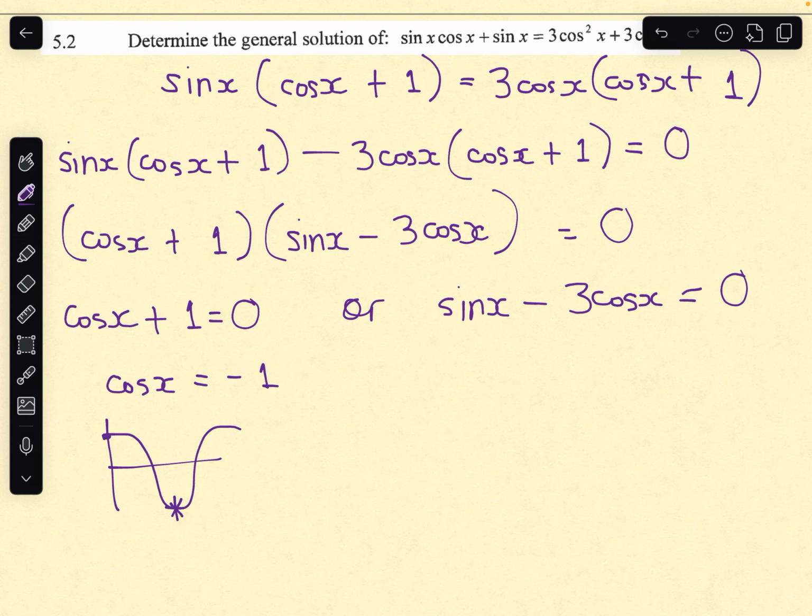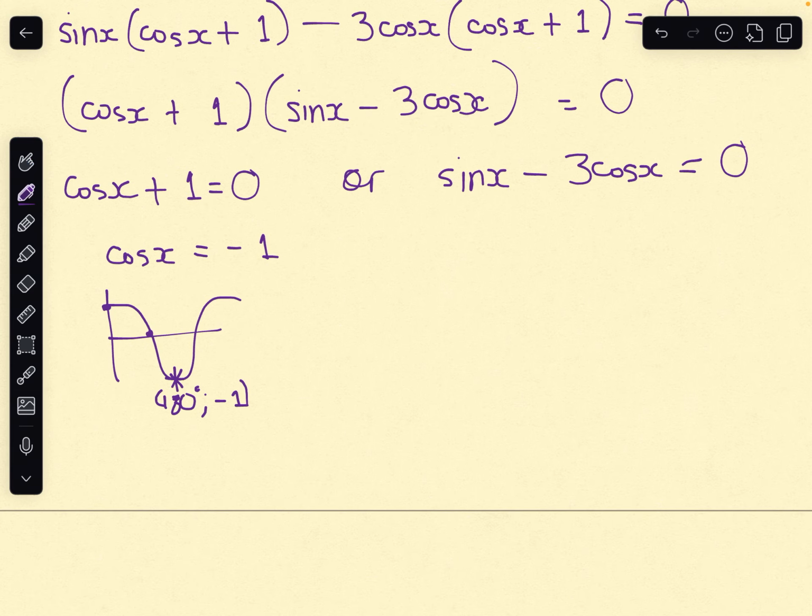Okay, so this is 0, this is 90, this is then 180 degrees, right? So that means that x is equal to 180 degrees plus any number of periods. Okay, so k is some integer.